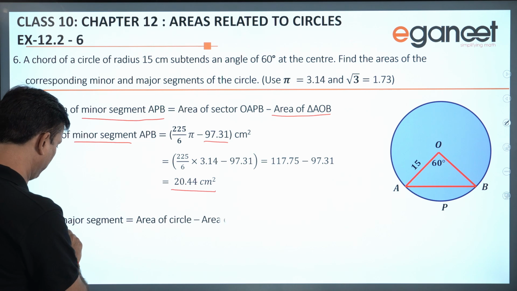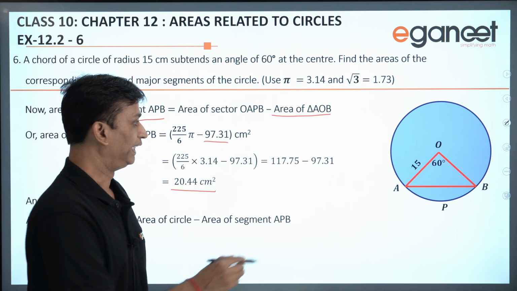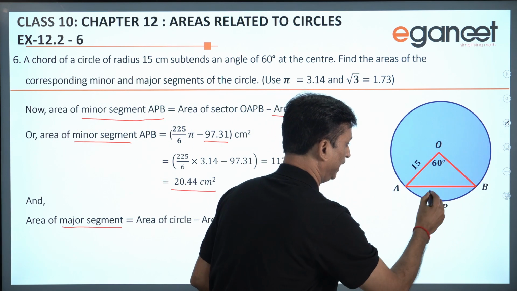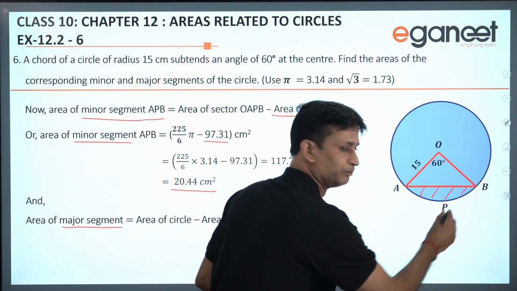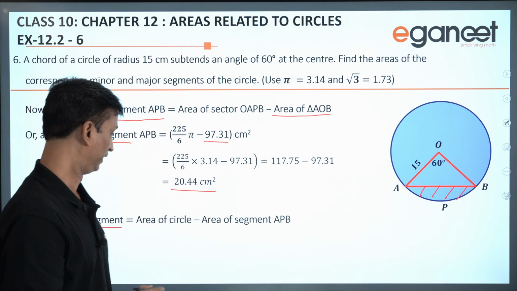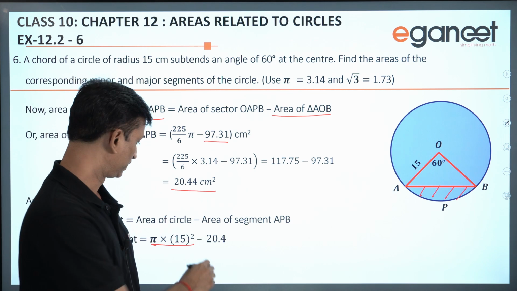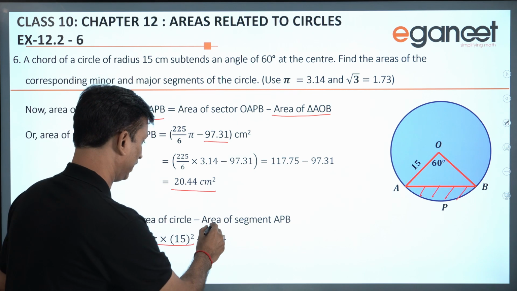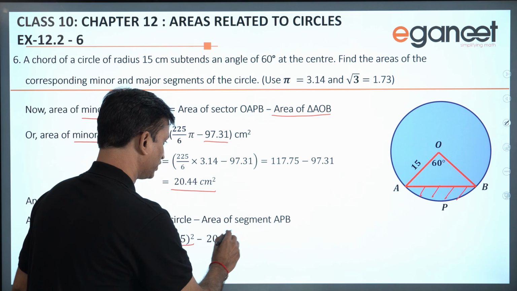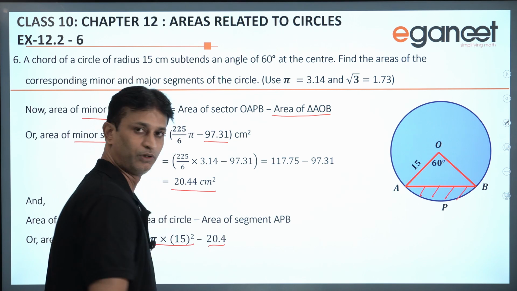Now the area of major segment will be the area of circle minus the area of minor segment. The area of circle will be pi into 15 square since radius is 15, and we have calculated the area of minor segment APB as 20.4.